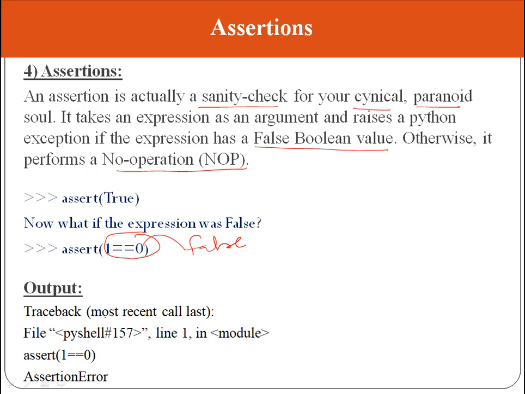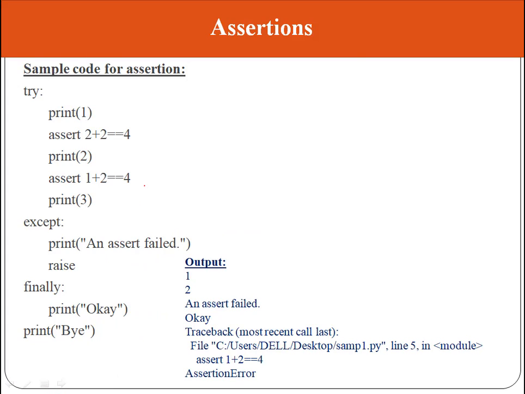Let's see. So when you are providing some expression in assert, if the result comes out to be false, an assertion error is raised. So print 1, it has printed, right? Assert 2 plus 2 equal to 4, so it is okay.